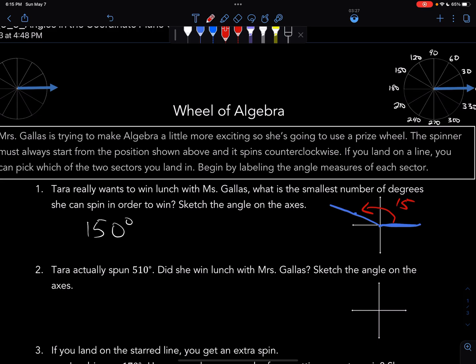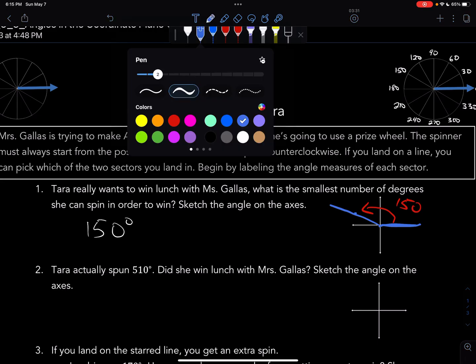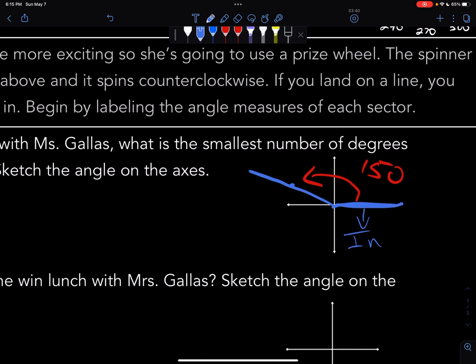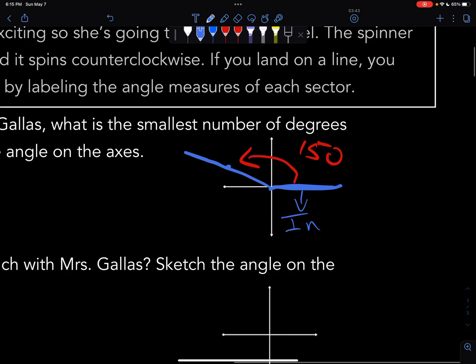That's 150 degrees. This right here is called the initial side. The beginning of the angle, the initial side. Where the angle ends, over here, is called the terminal side.